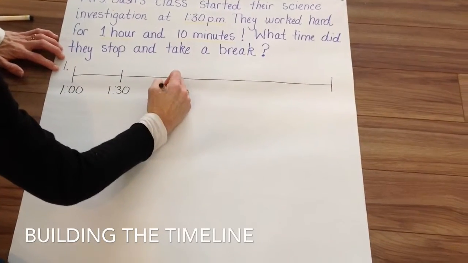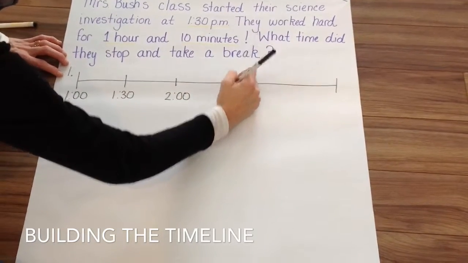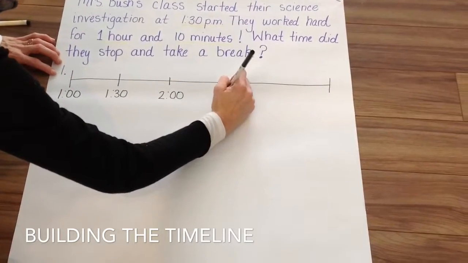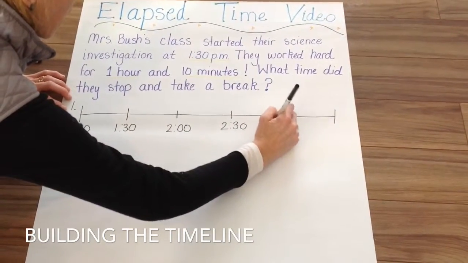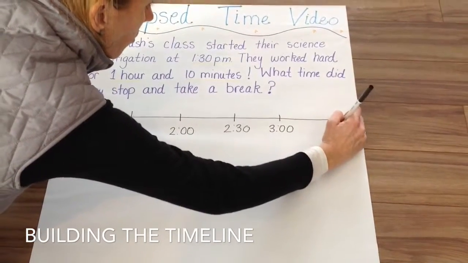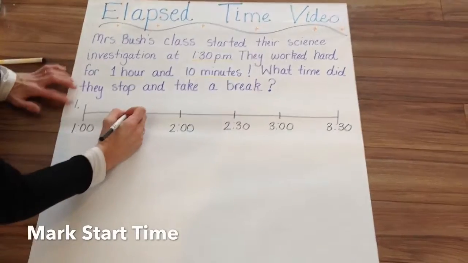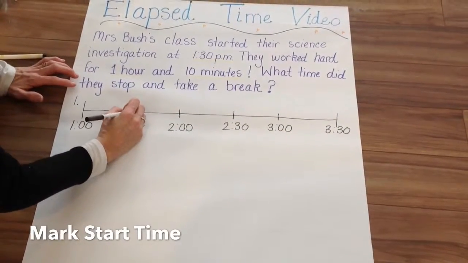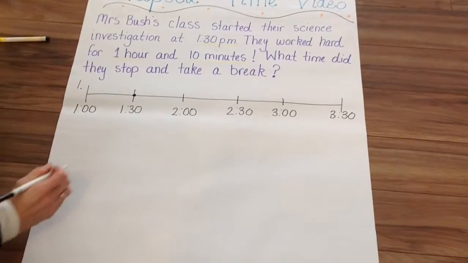Our third one will be 2 o'clock, and then 2:30, and then 3 o'clock, and then 3:30. Our start time here is at 1:30, so we always put a big circle on our timeline to show our start time.